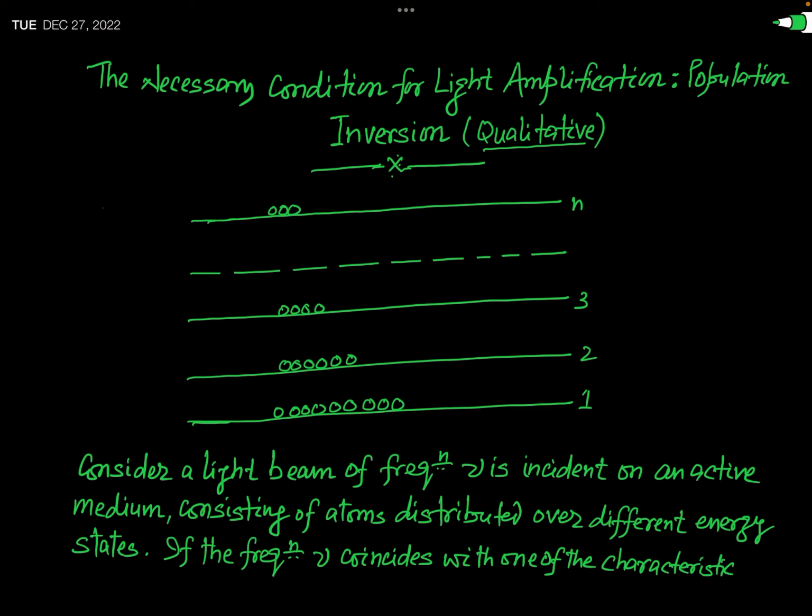These horizontal lines which I have drawn represent the different energy levels, and the small spheres over the lines represent the atoms present in that energy level. In general, an atomic system, or an active medium, meaning the medium from which you get the laser light, has discrete energy levels.